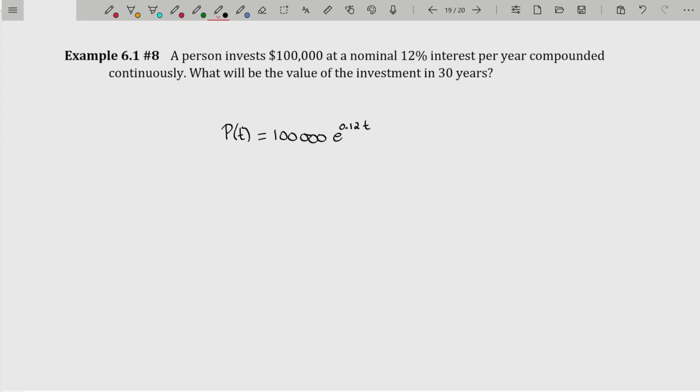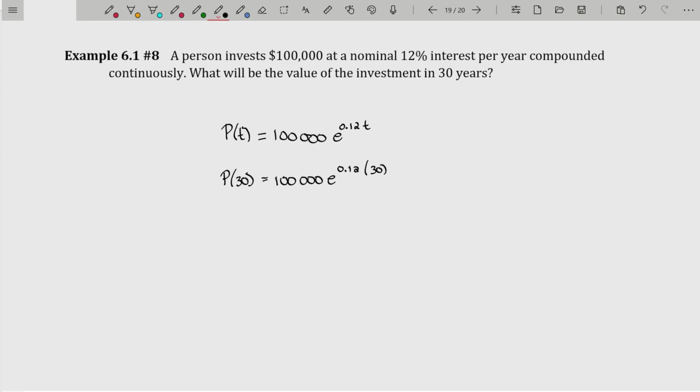These are a lot cleaner to write than the non-continuous compounding or the discrete compounding case. Great. What will the value of the investment be in 30 years? Well, that's kind of easy. Just P of 30 is equal to 100,000 e to the 0.12 times 30.